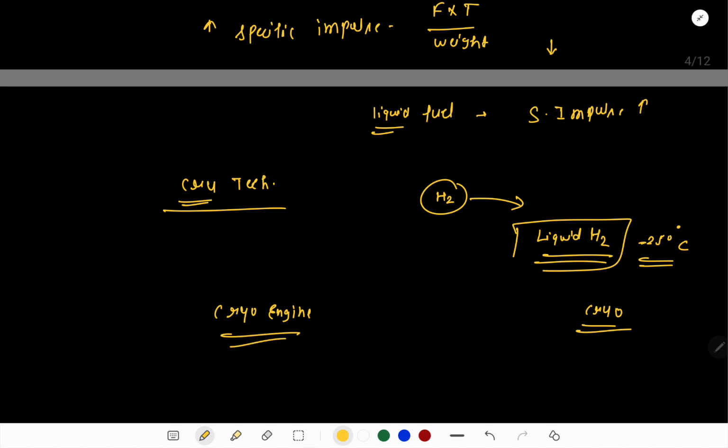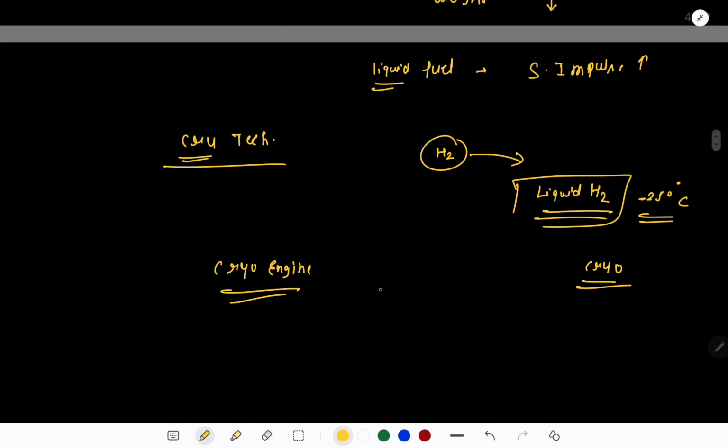How? We can make a cryo engine by having liquid hydrogen and liquid oxygen, because to burn this hydrogen, we need oxygen.